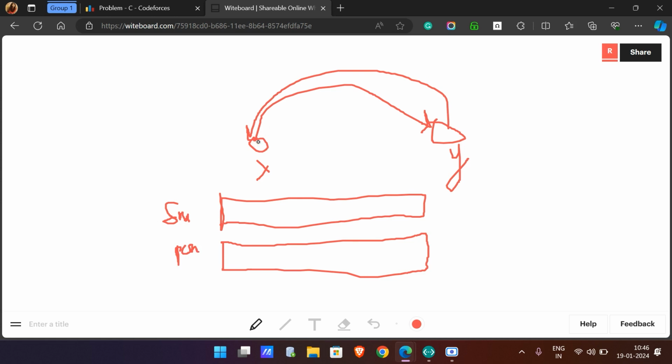So for going to city 0, it would be 0. Like for the starting city from the front, it's 0. Now if I want to go to city 1, I will be standing at city 1, and I will be checking whether the (i minus 1)th city has its nearest neighbor as me.